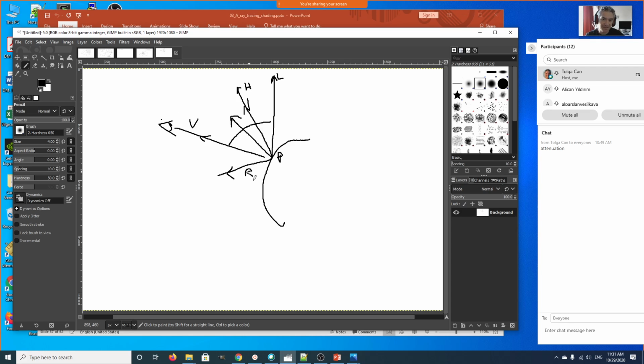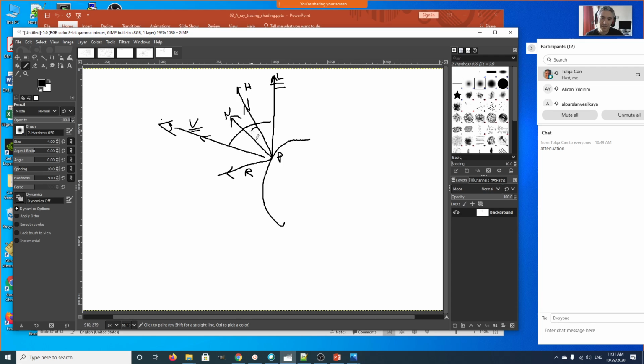It means that V is exactly the same as R, right? I computed a half vector between V and L. This is H. If H and N are on top of each other, then V is equal to R.